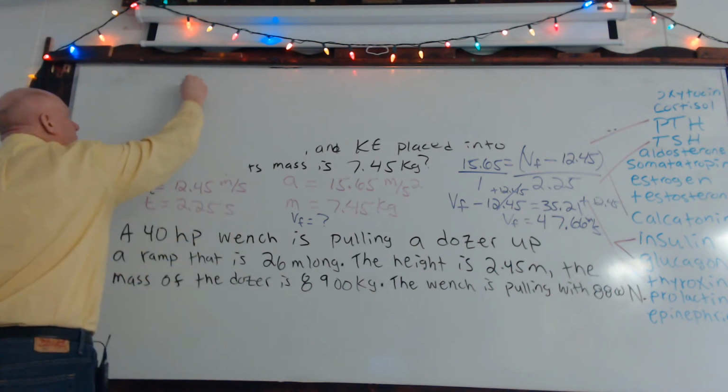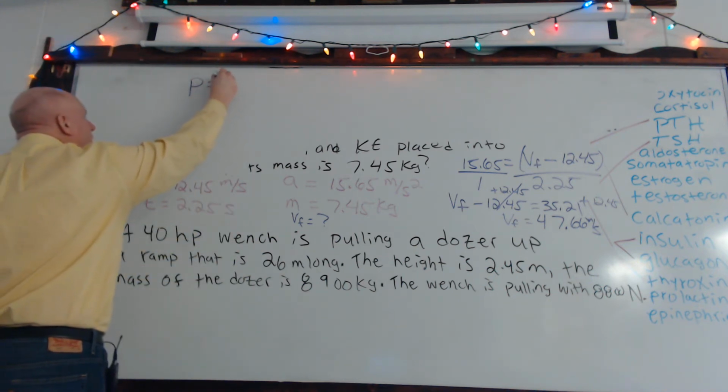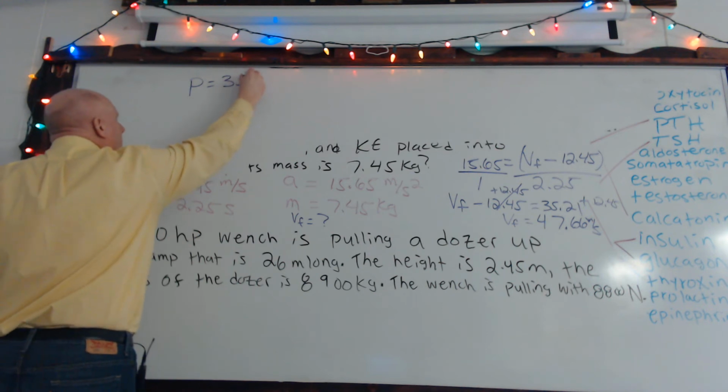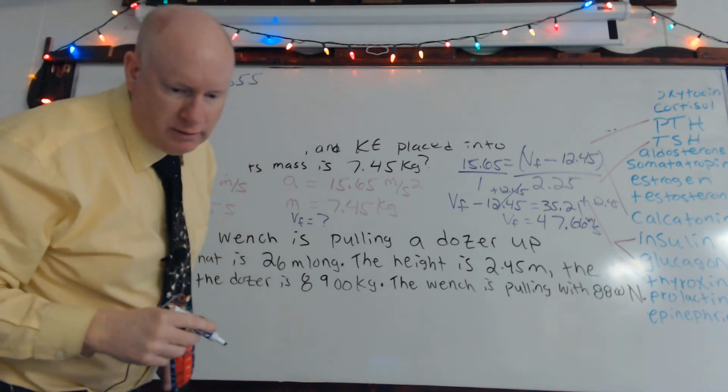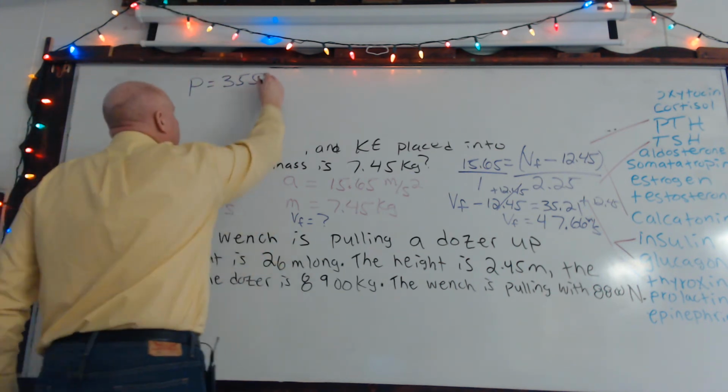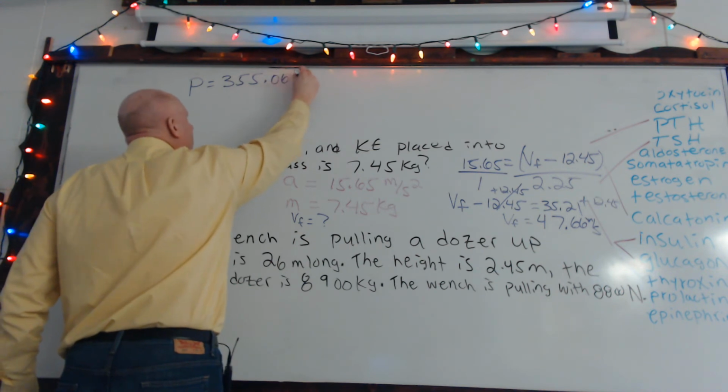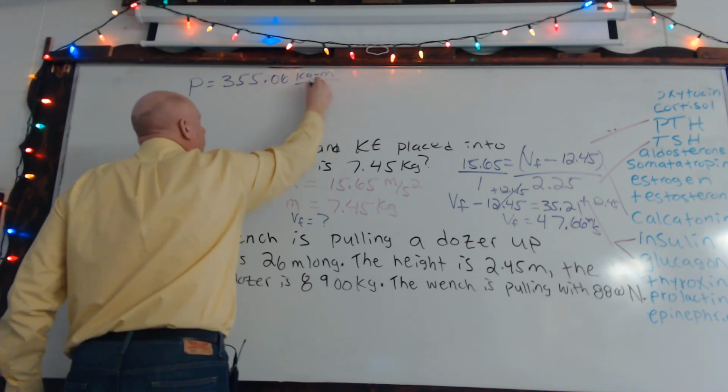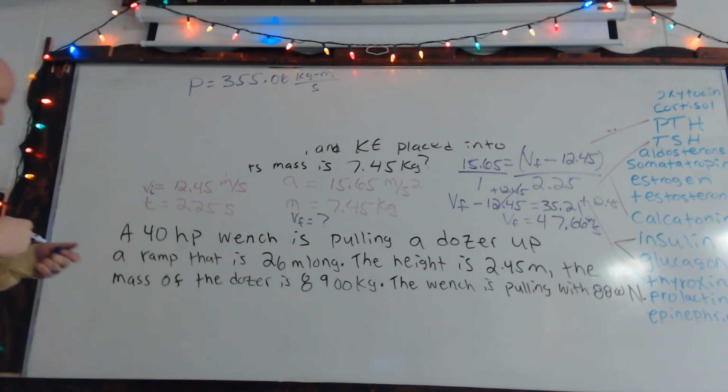So the momentum, or the product, equals 355.06 kilogram-meter over second. In short, what you're doing is taking the mass times the final velocity to get that momentum. That's where that comes from.